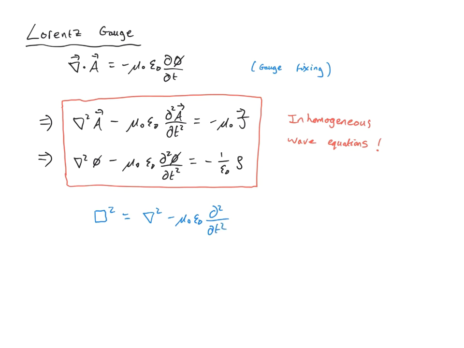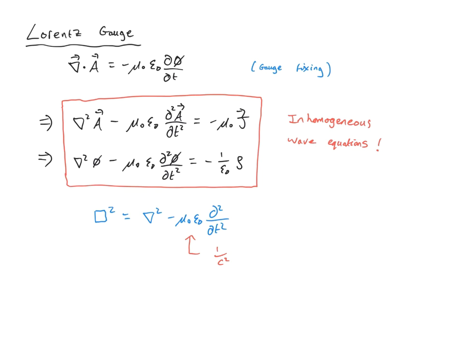So this is an operator, and it just helps to simplify these equations a little bit. Notice also that this combination that we see here of mu naught epsilon naught, featuring in all of these equations, is actually equal to 1 over c squared. So when we're talking about these inhomogeneous wave equations, they contain in them some intrinsic velocity, and that velocity is the speed of light.